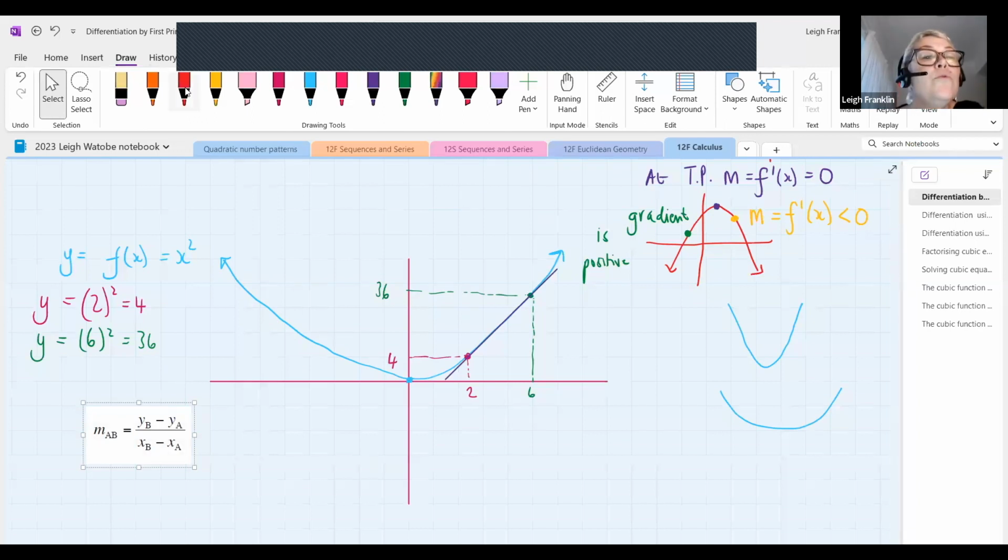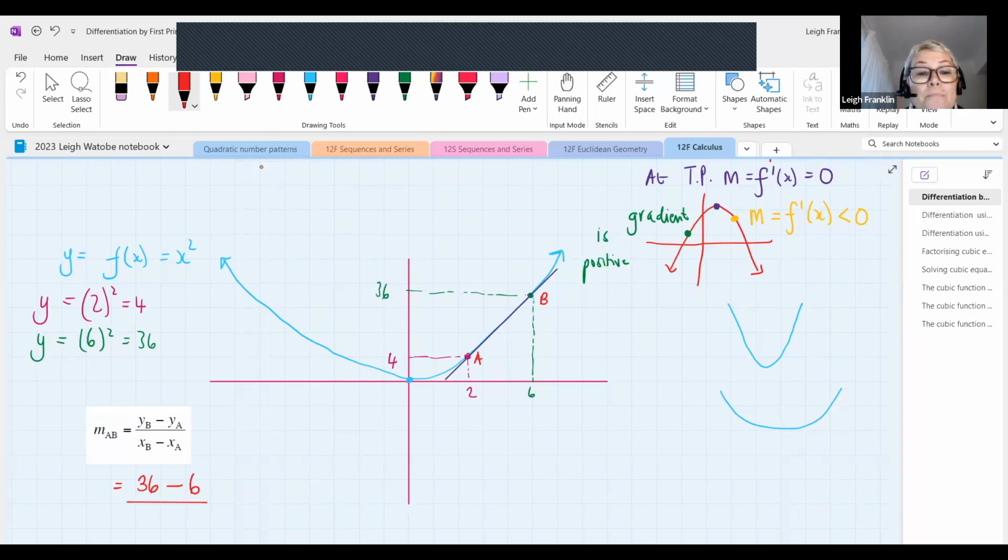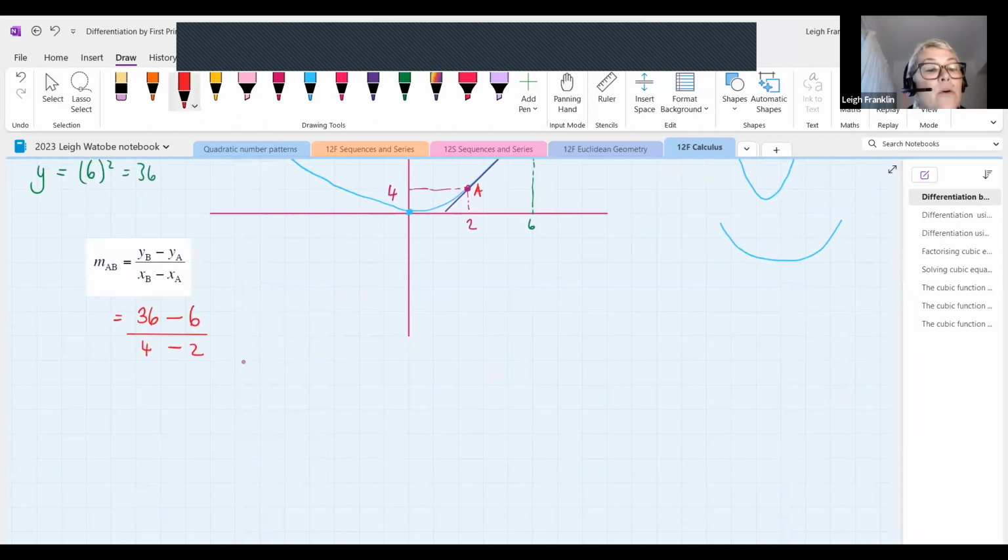So if I call this point over here point A, and that point over there point B, I could say that the average gradient of the function from A to B, subbing into the gradient formula, would be 36 minus 6 over 4 minus 2, which would give me 30 over 2, which would give me 15.